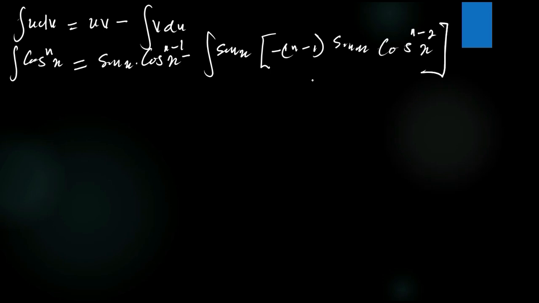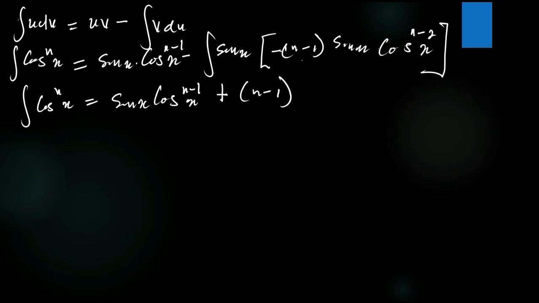It looks a little clumsy, but I'll try my best to make it as simple as possible. So the integral of cos x raised to power n will be the same as sine x cos x raised to power n minus 1. Now, I have a negative here, and it automatically becomes plus. Then I want to bring out this constant, n minus 1. Now look, I have sine x here and sine x here, and it becomes sine squared x.